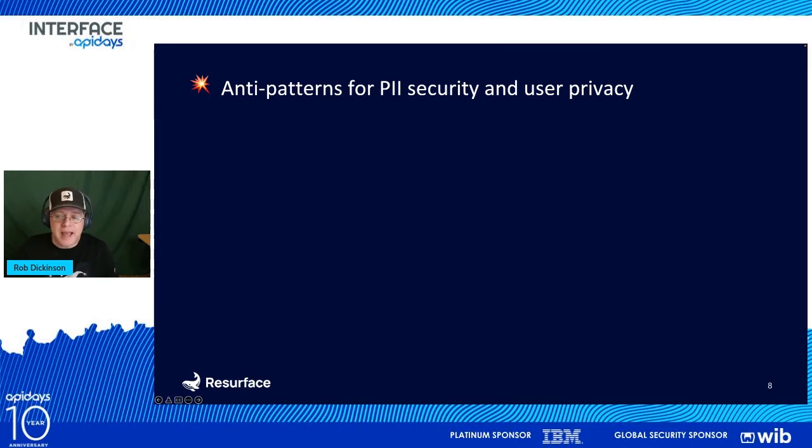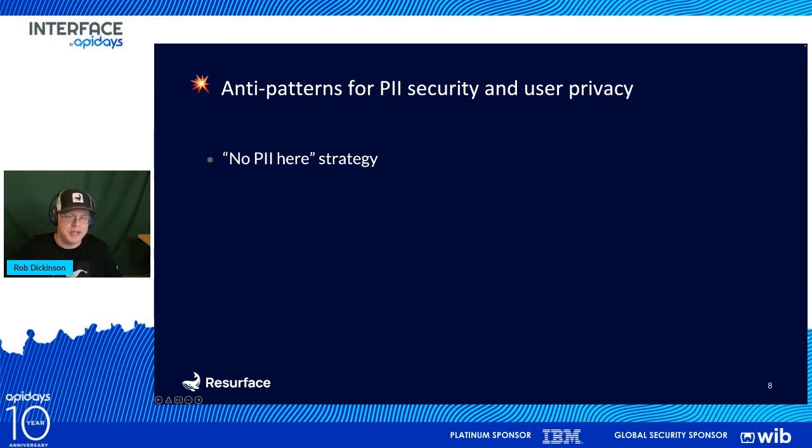There are also some anti-patterns, some real myths that are out there that you want to stay away from. These are things that sound simple, but they really aren't that effective. One strategy is to put your head in the sand: we don't really have any PII. Again, if you think that's true, really go back and look at those definitions about what PII really is.